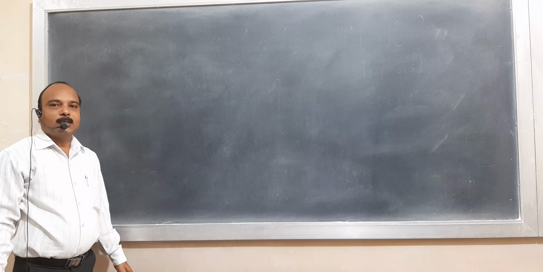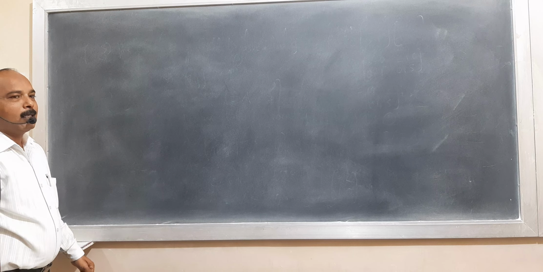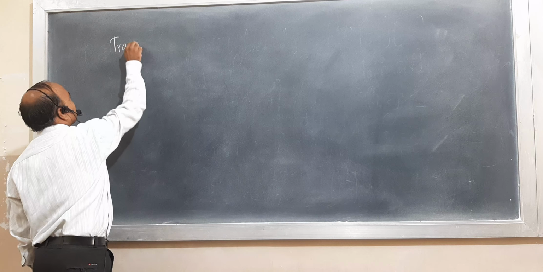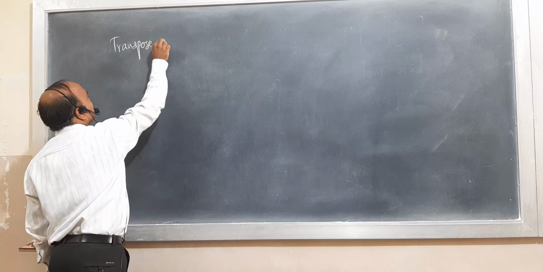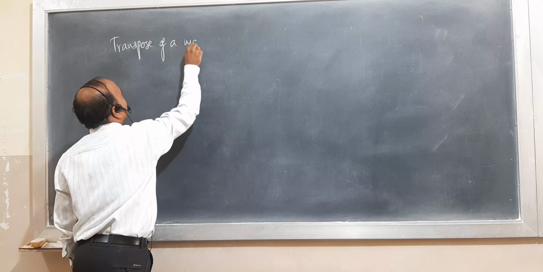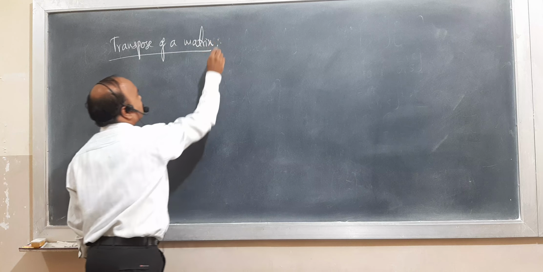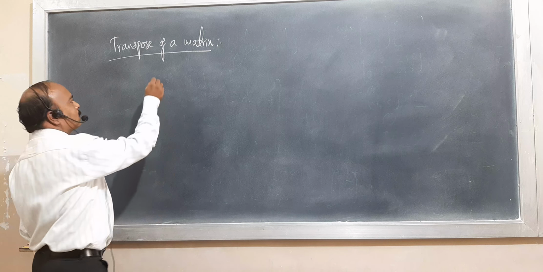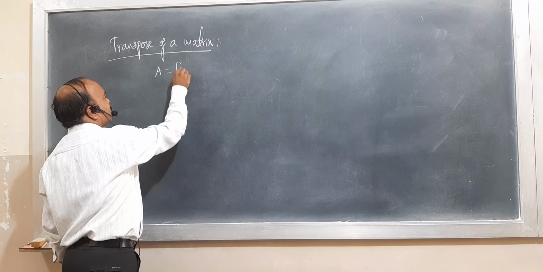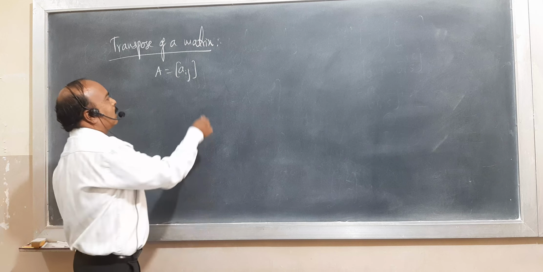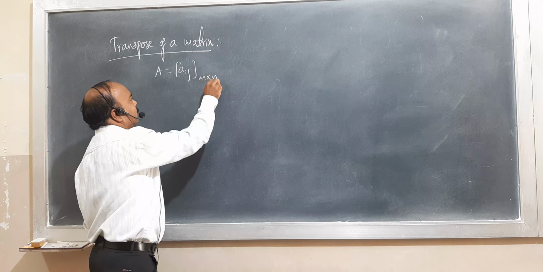Next, let us go to another definition, that is the transpose of a matrix. Now we consider matrix A equal to [Aij], a matrix of order m by n.